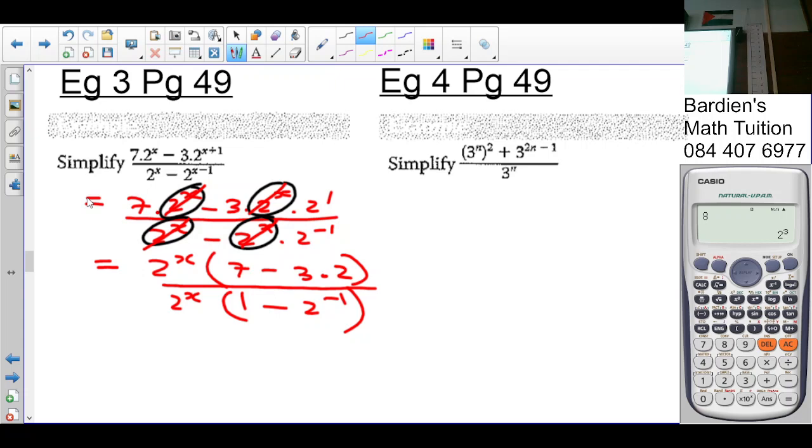2 to the x cancels, yes. And you simplify inside your brackets. So simplify inside the brackets quickly.